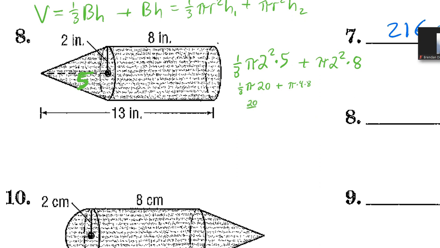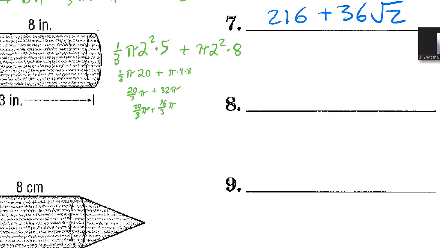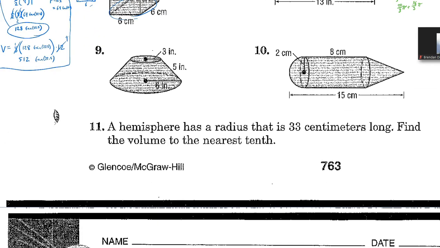So that's 20/3 pi plus 32 pi, or 32 pi would be 96/3, right? 3 times, yep, okay, pi plus 20/3 pi, and so that would be 116/3 pi. Perfect, okay.